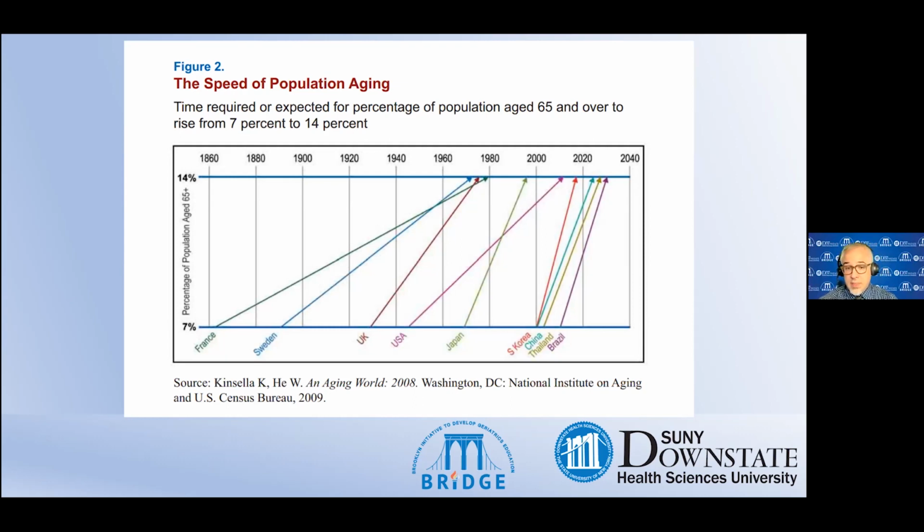So that leaves these populations, like you could see in South Korea, China, Thailand, Brazil, who've had dramatic aging slopes, right? Their populations of persons 65 and over are doubling from 7 to 14% in the span of about 2 decades, as compared to the US, which has had several decades to handle this change.